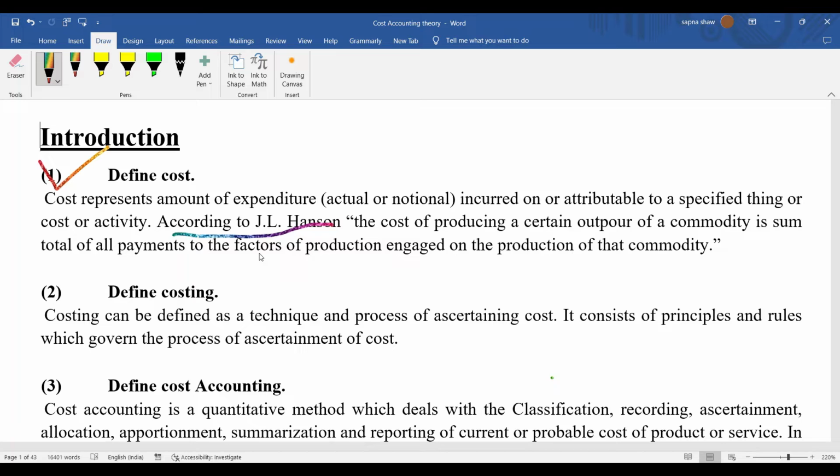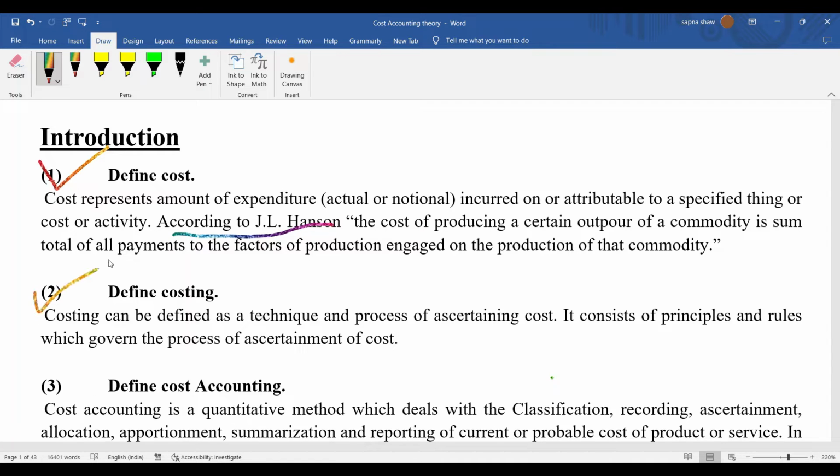Land, labor, capital, all things. To produce cookies, we need raw material, laborers, and land. Whatever cost we have paid to these factors of production in order to make the cookies is called cost. So to produce something, whatever amount we incur is called cost.